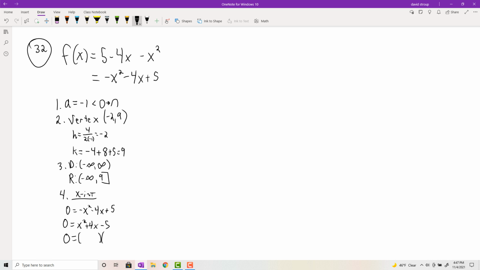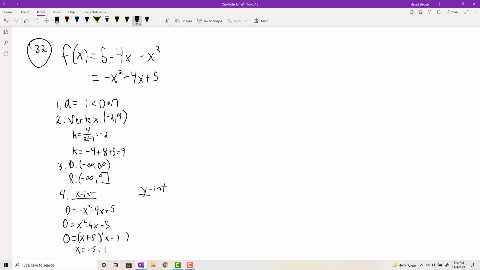You hope you don't have to use the quadratic formula. Sometimes you do, but here you can get away with not using it, so let's not. So I'll have (x plus 5)(x minus 1), and our two intercepts are x equals -5, and then x equals 1 when you set it equal to 0 and solve.